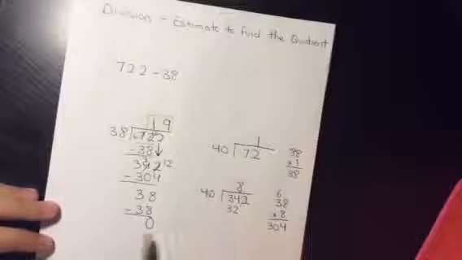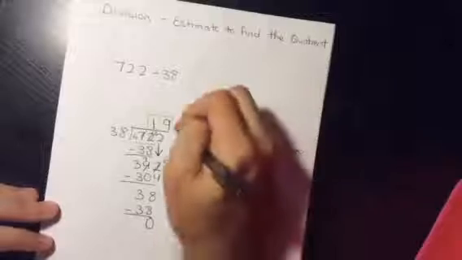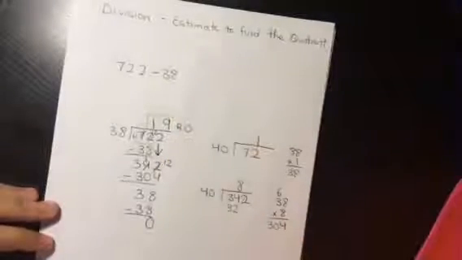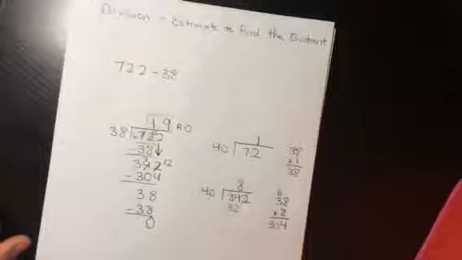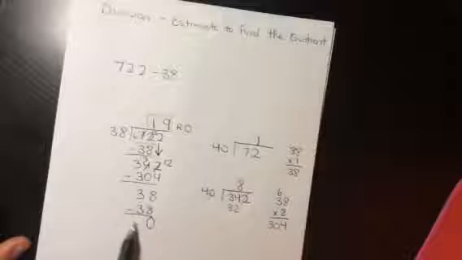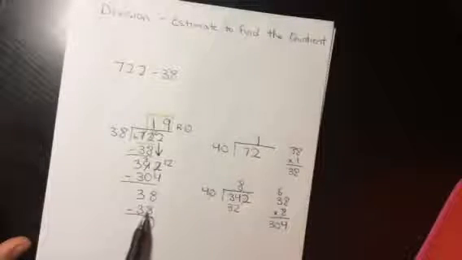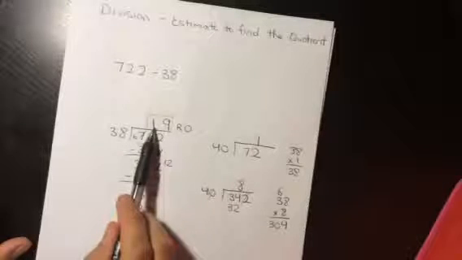We see that it makes sense, and we have a remainder of 0 in this problem. It happens to work out that there's nothing left. In some problems we will have a remainder, but here we do not have one. This is how we estimate to find the quotient, and here you notice that we adjusted because we needed to divide one more time to find the quotient, and our answer becomes 19.